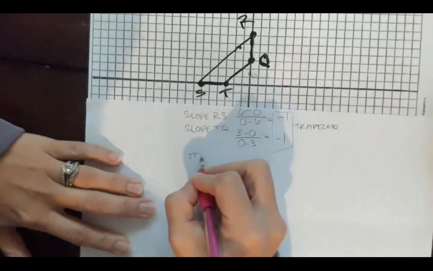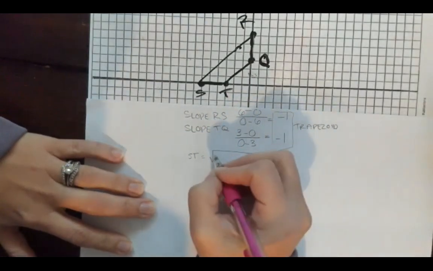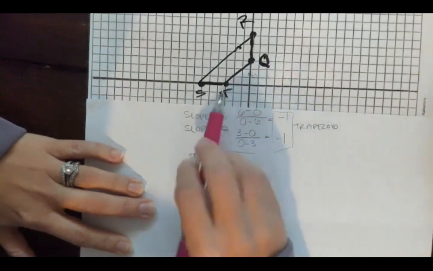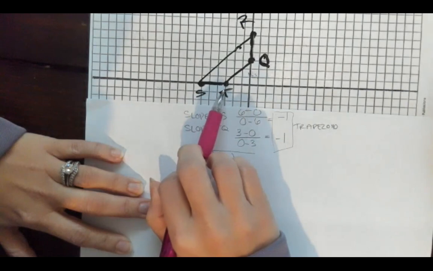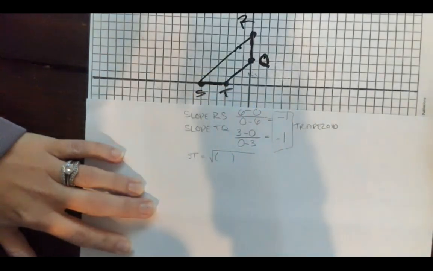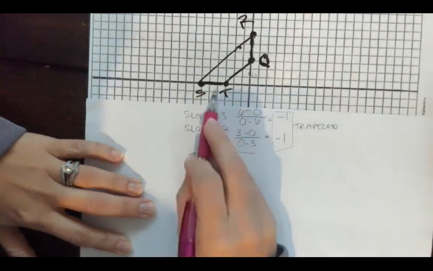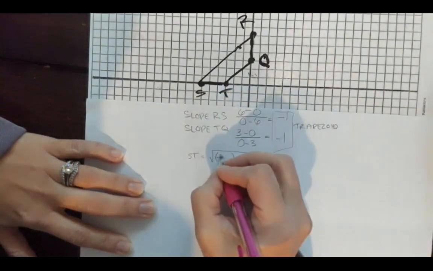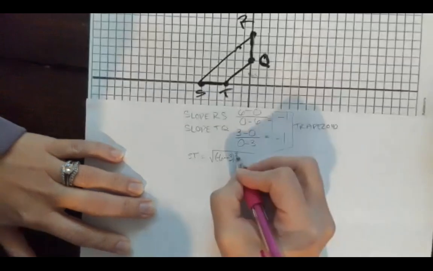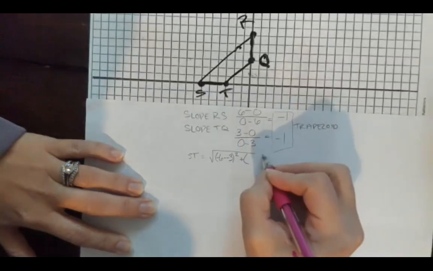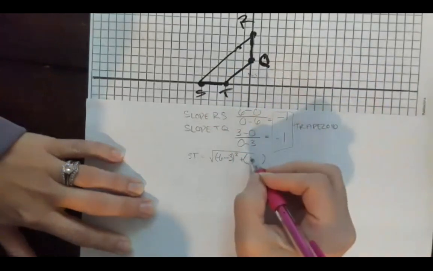So the distance of ST is going to be what? X2 minus X1, right? So our X values on S are -6 minus -3 squared plus our Y values. Well, that's 0.